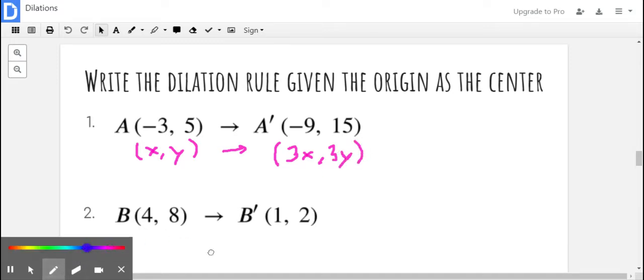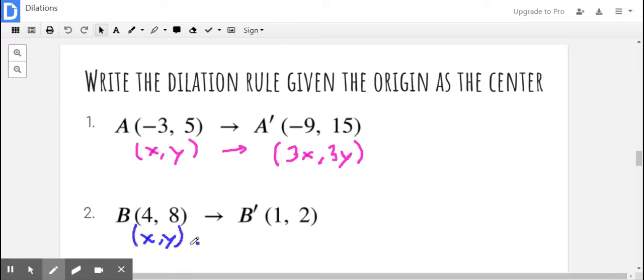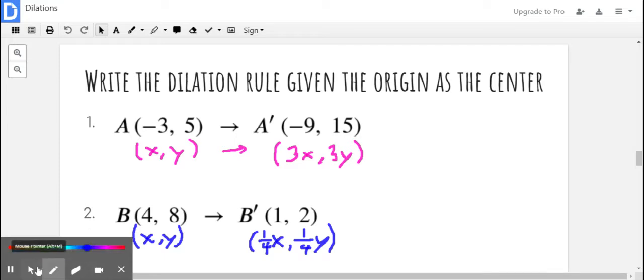For the second rule, we have (4, 8) going to (1, 2). So if this is our pre-image (x, y), our image: 4 divided by 4 is 1, and 8 divided by 4 is 2. So that means our new point would be 1/4 of x, 1/4 of y for this dilation. And you can use this simple multiplication to get your new points, given that you have the center of dilation at the origin.